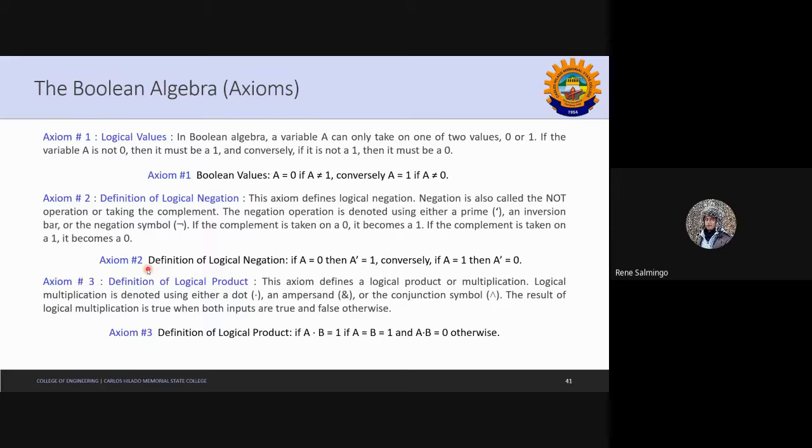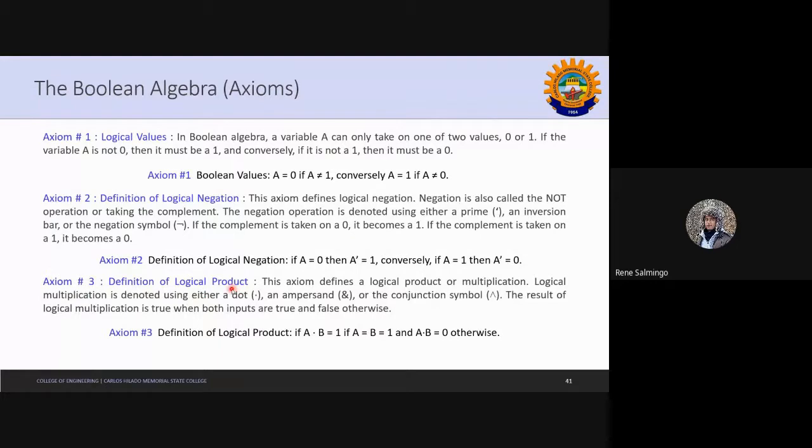Axiom number 2 defines that if A is 0, then A prime is 1. Conversely, if A equals 1, then A prime is 0. So that's axiom 2.